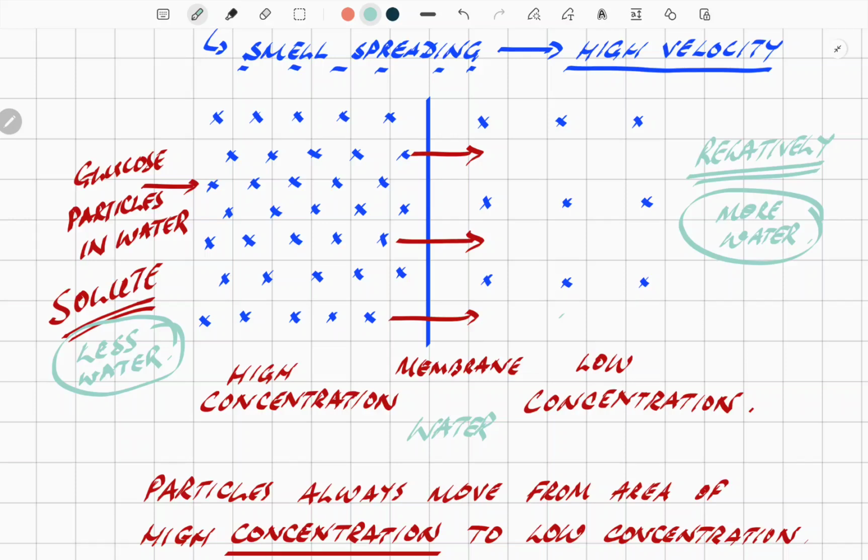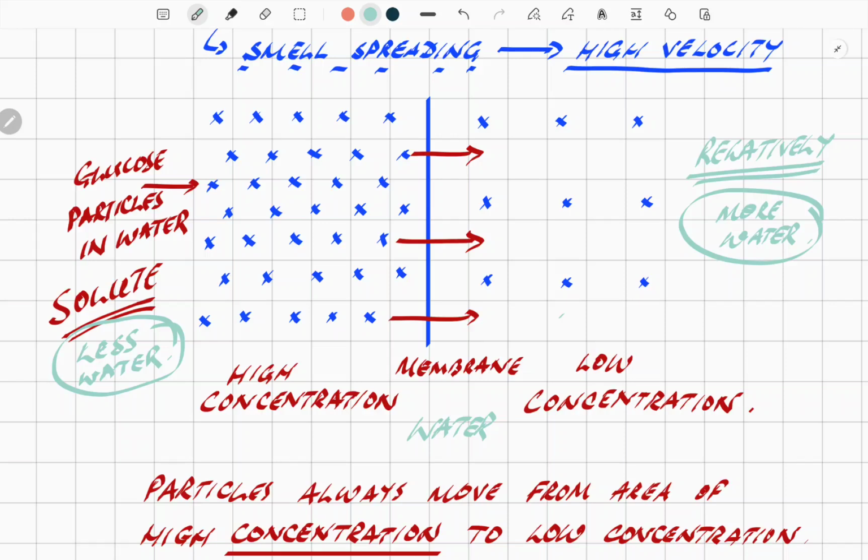And let's say your glucose particles couldn't move, and that's where we talk about what's called a semi-permeable barrier. So imagine now that the membrane stops the glucose particles moving. So only the water can move. Which way is the water going to move?